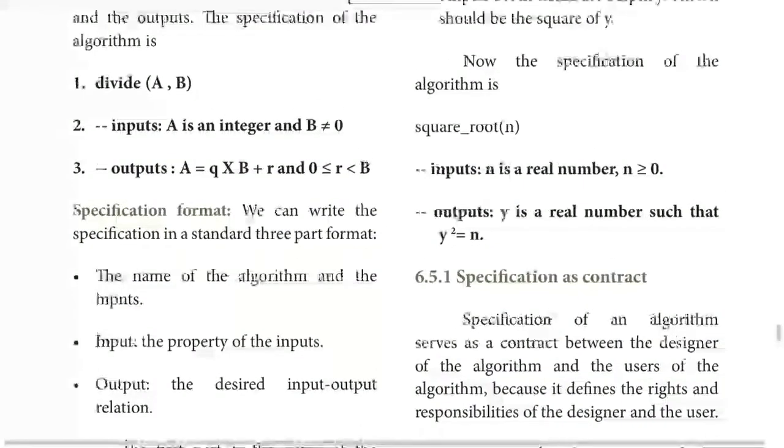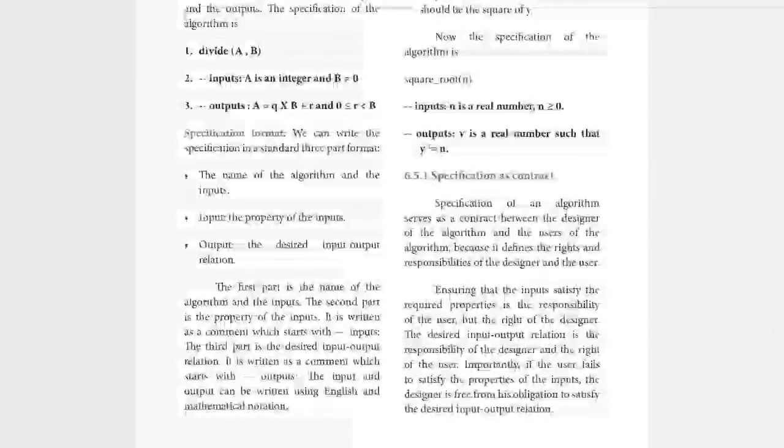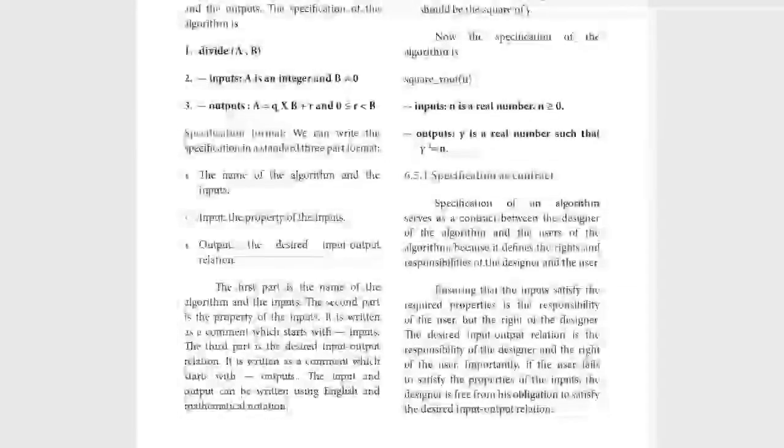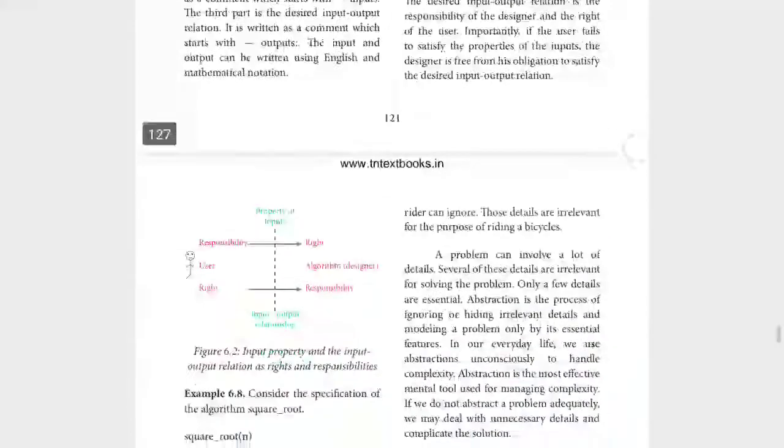So this is the specification format. You have to give the input and how the input is related to the output. You have to give a detailed description of the problem by way of input and output. So this is known as specification.